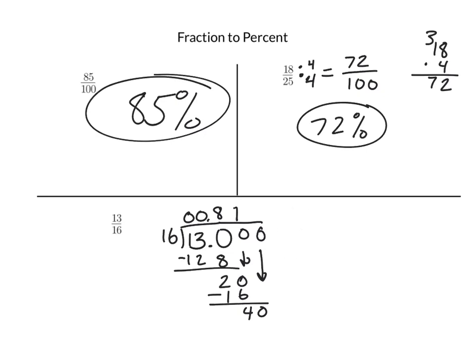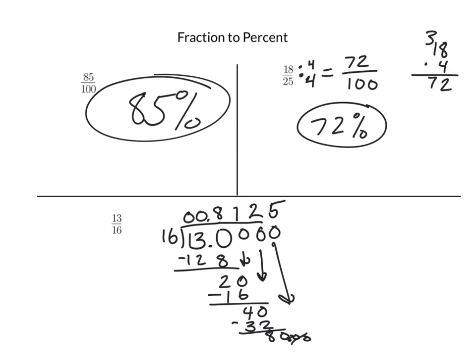All right, 16 goes into 40 twice. I'm going to subtract 32. I get 8. Bring down another 0. We have to figure out how many times 16 goes into 80. That's exactly 5 times. Okay, so I would subtract 80 down here and get 0.